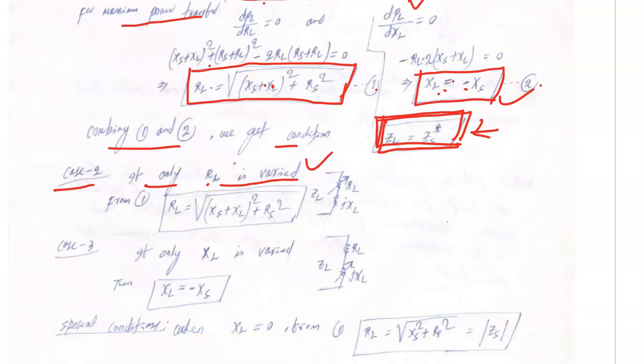We don't have that liberty. So as I have already told, this will be the case. That is, RL is equal to the square root of XS plus XL squared plus RS squared.